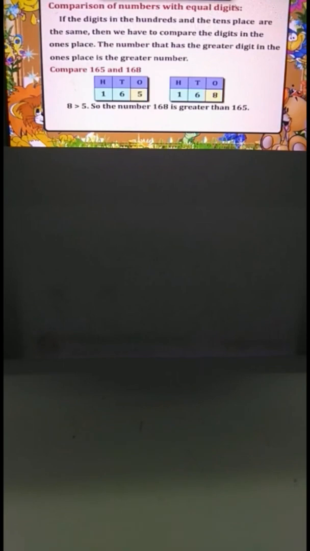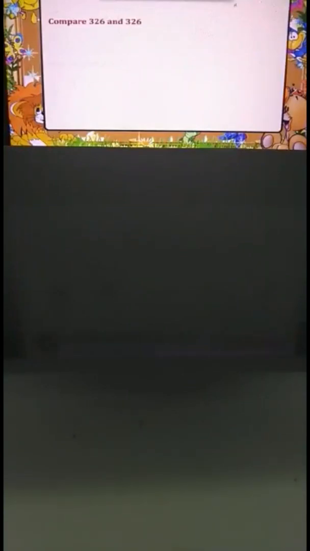We can write it as 168 is greater than 165. We can also say it as 165 is smaller or less than 168. Compare 326 and 326.